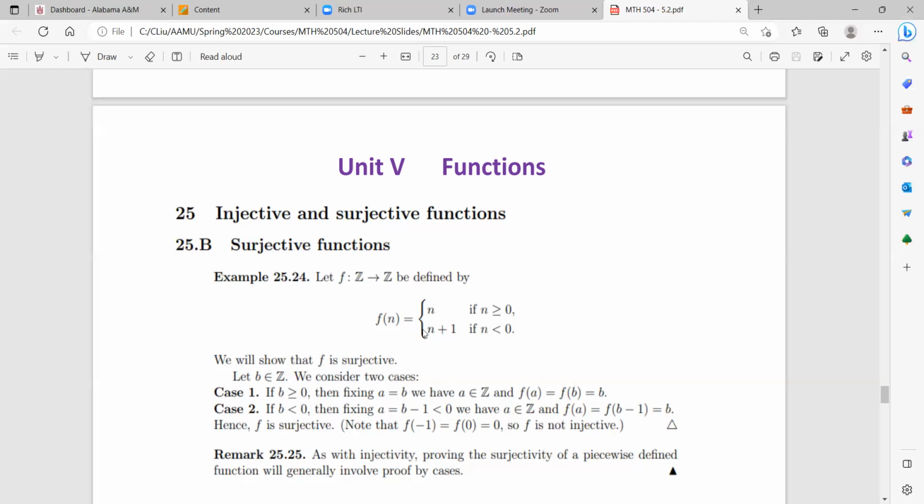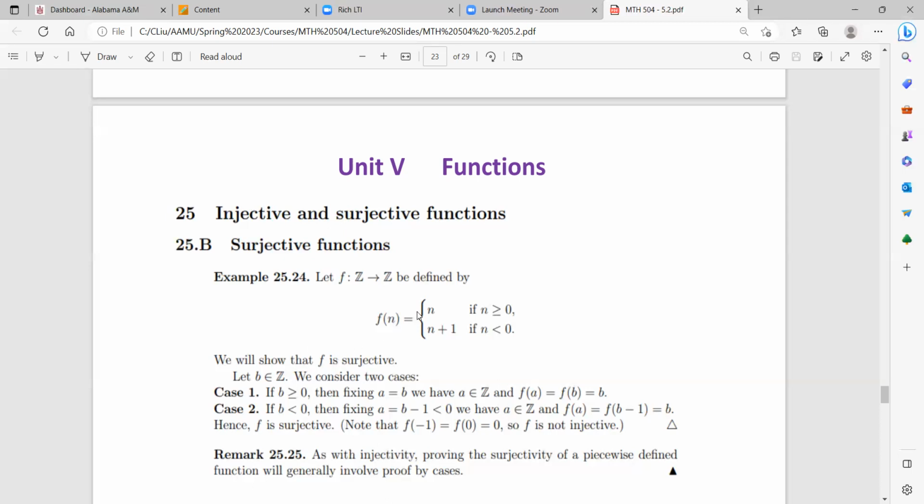The typical way to show a function is onto or surjective is just to pick any element in the codomain and to show that you can find the pre-image of the element under the mapping from the domain. So let's just pick any integer from the codomain Z. Because the codomain is all the integers, it can be positive, it can be negative, it can be 0.